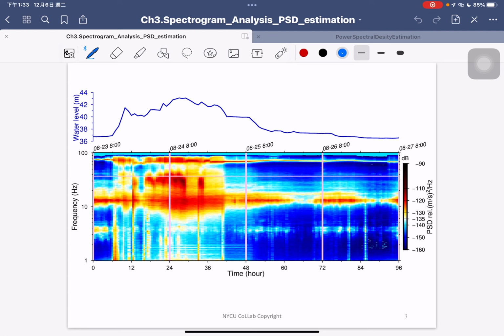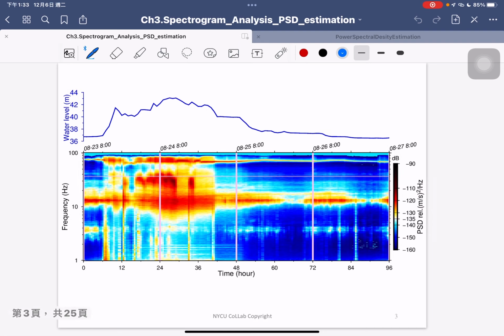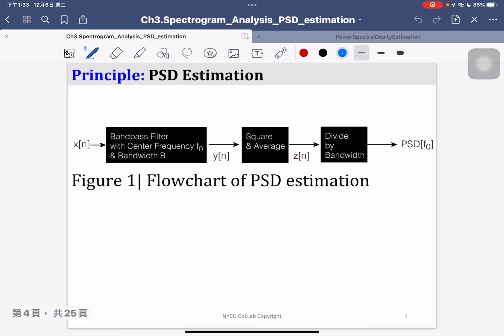So I can say that the source of the strong energy here is bridge vibration. When car traffic goes over the bridge, we see some oscillation frequencies caused by the bridge. Okay. So the question is: what is the power spectrum density, and how can we estimate its values directly?